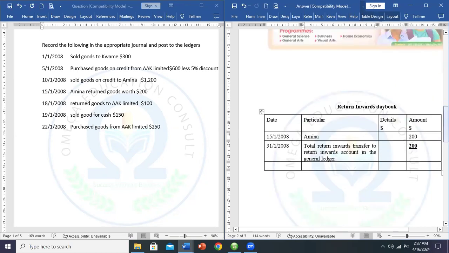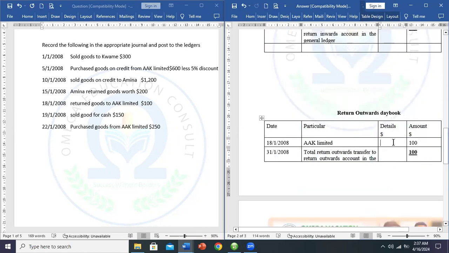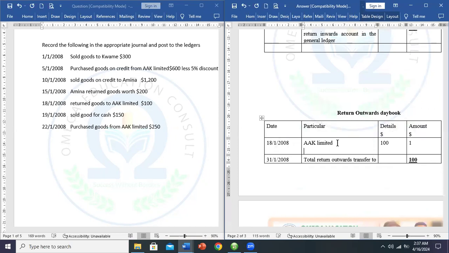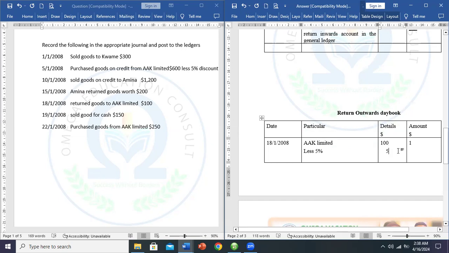So this return outwards of 100 would have the discount of 5% deducted. And I think 5% of 100 is 5. So we'd have gotten a net figure of 95.